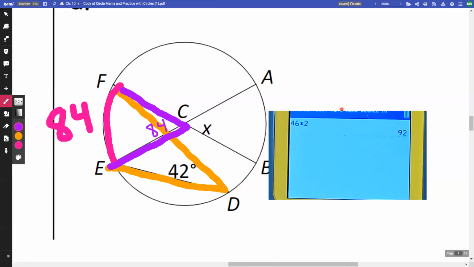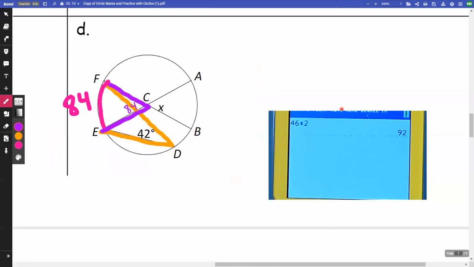And if that is 84 degrees, because these are vertical angles, this angle here and this angle here are going to be the same. So my X is going to be 84 degrees.